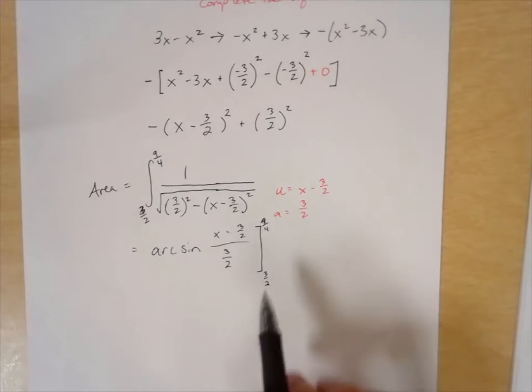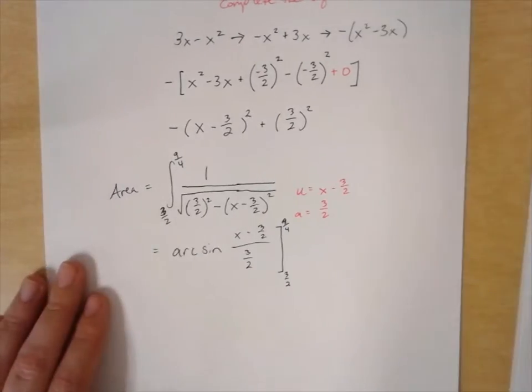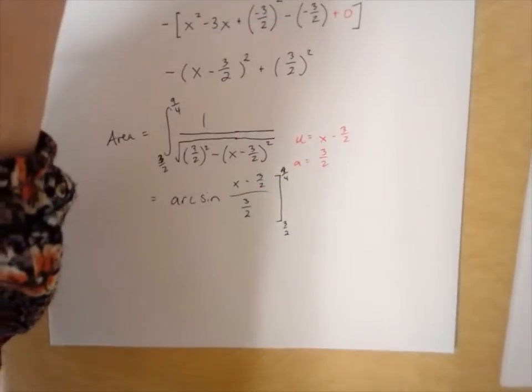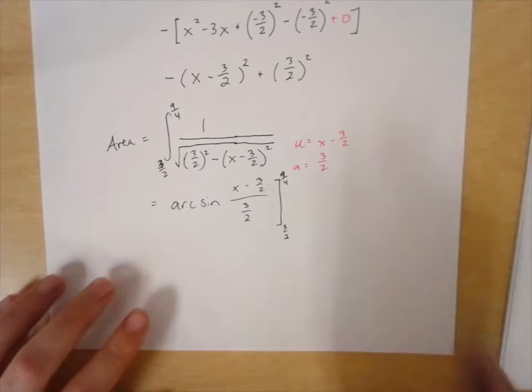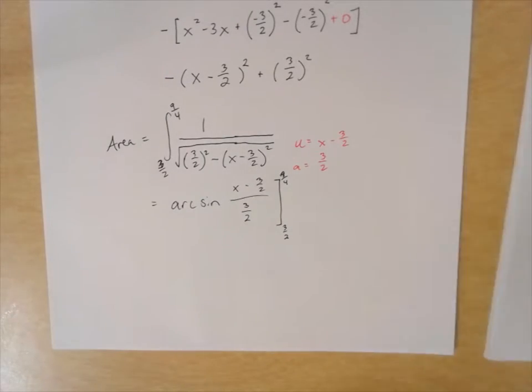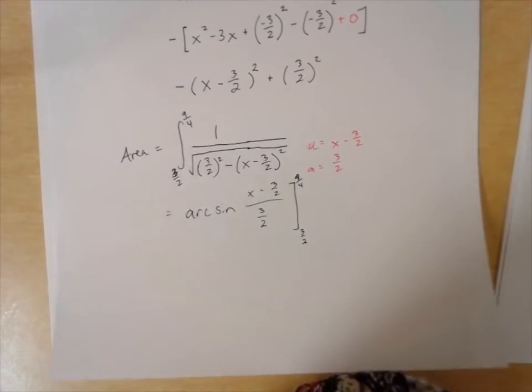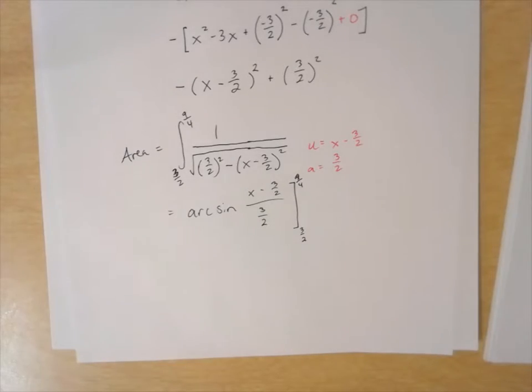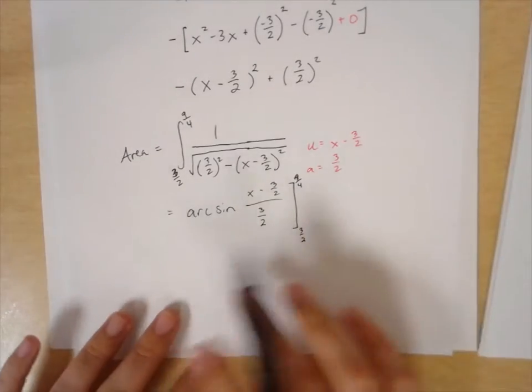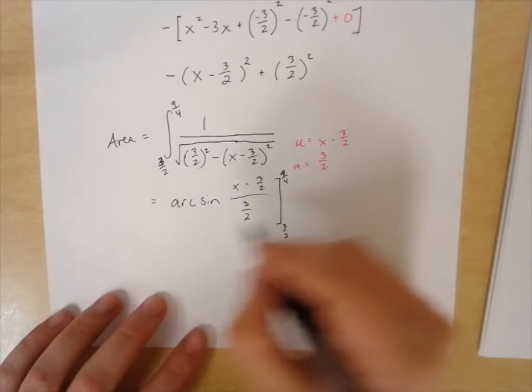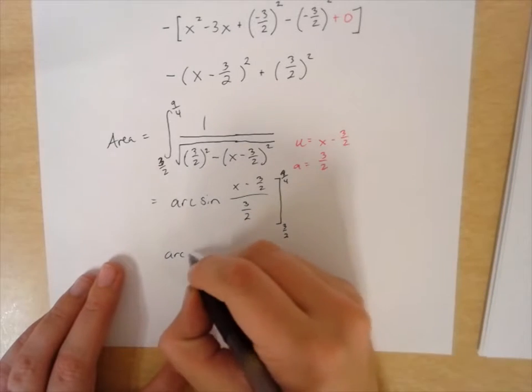Okay. And now what we do is, just like we always handle the fundamental theorem of calculus, we're going to take our bounds and we're going to substitute them into our function for x. So we're going to take 9/4 arc sine.